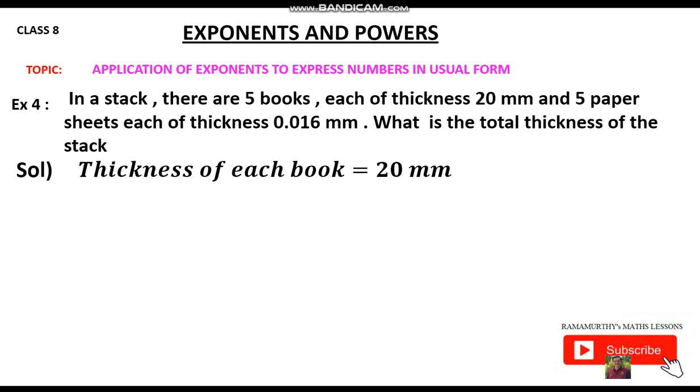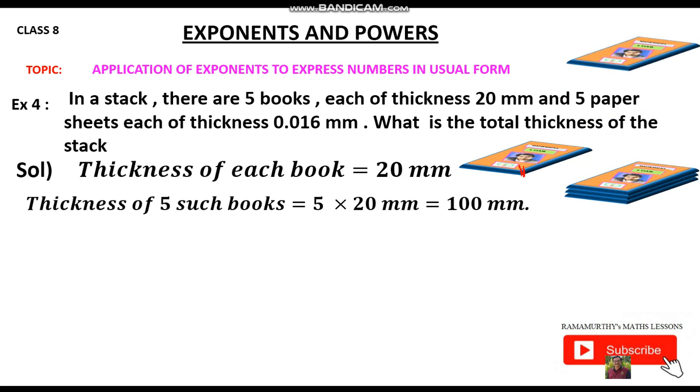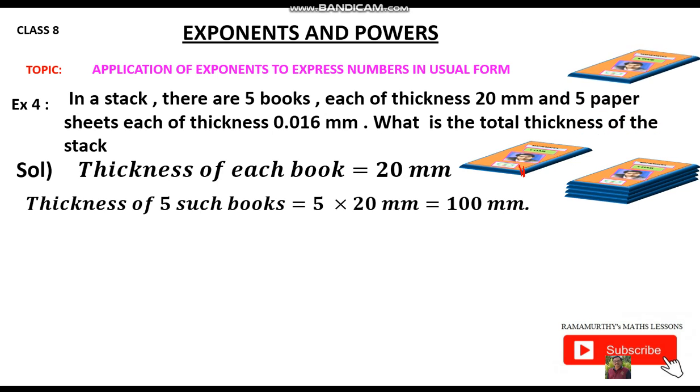Let us observe a figure. If the books are placed one above one like this, the total thickness is 5 × 20, which gives us 100 mm.